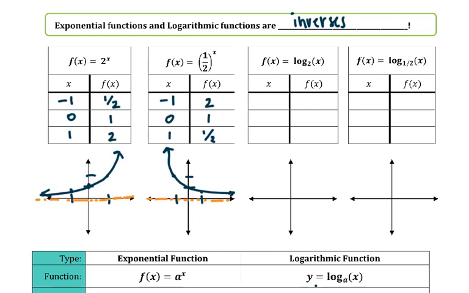So switching our x and y values, we'd have (1/2, -1), (1, 0), and (2, 1). And if I think about plotting these, notice that all my x values are positive. So what we end up with here looks roughly like this.